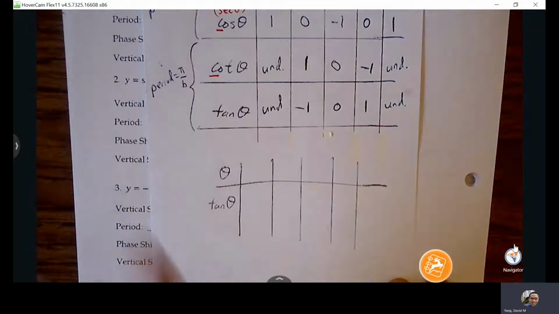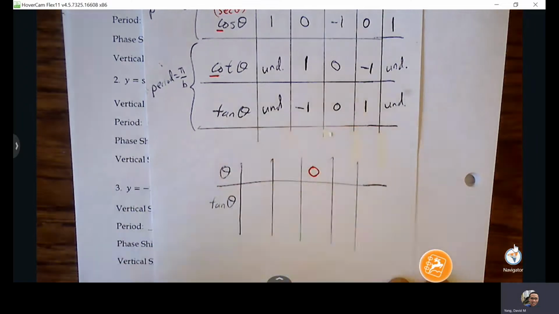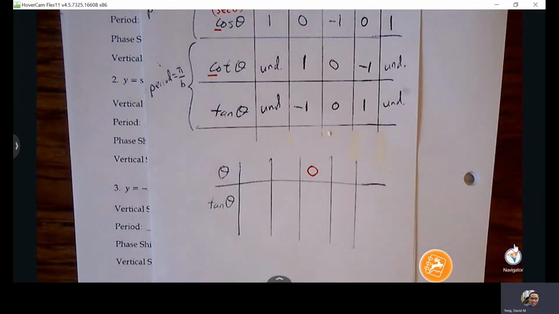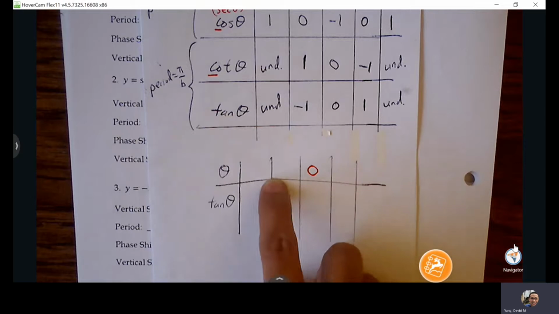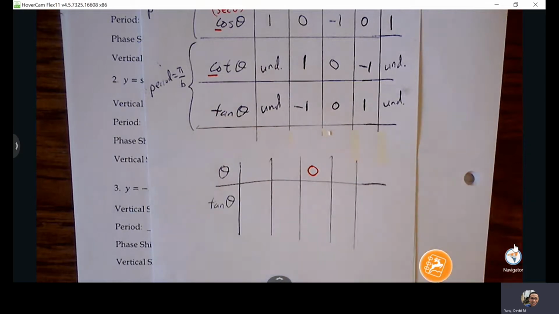But with tangent, to make it look like a full graph that we can recognize, I like to start the 0 in the middle, let that be the starting x value, and then subtract your interval twice to the left and add your interval twice to the right. If you don't do that, it's okay. It's just that your graph is going to look like it's cut off by the asymptote in the middle.